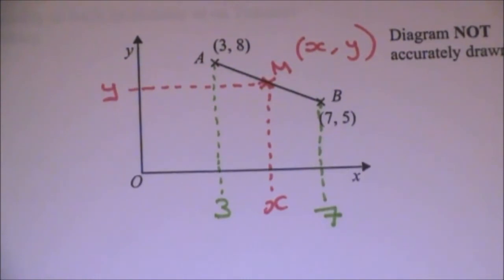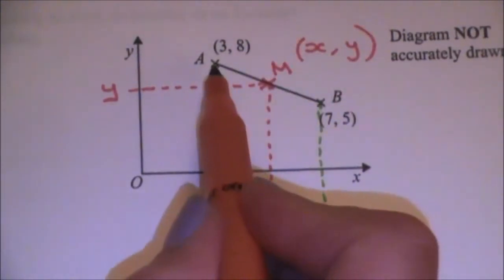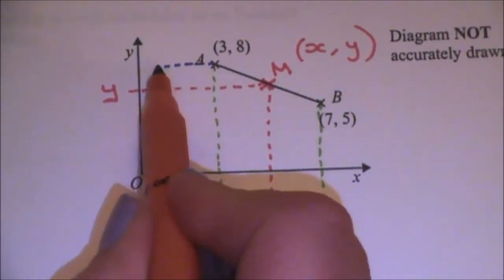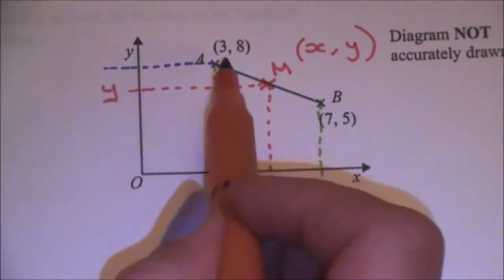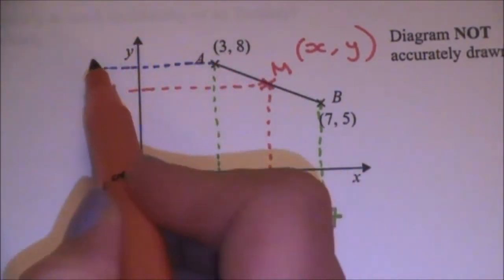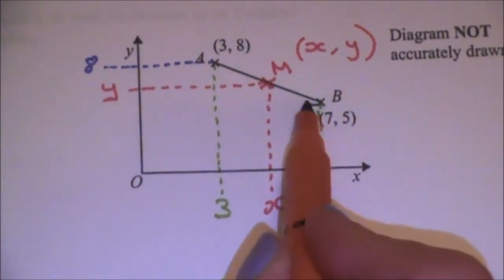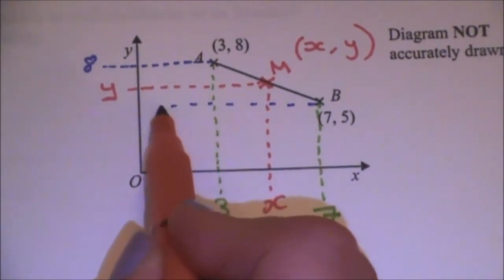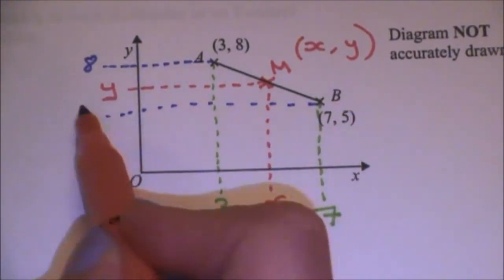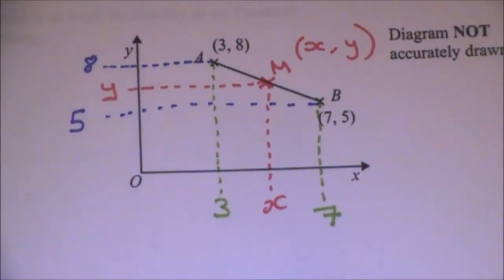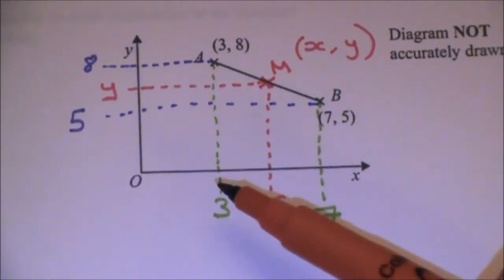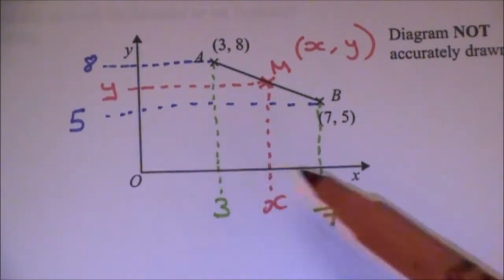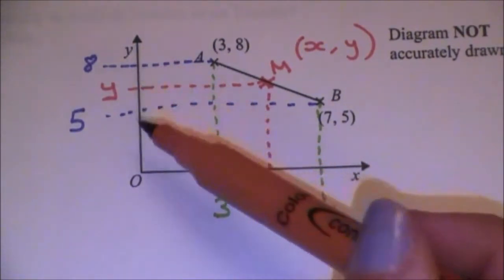Now, if I look at the y values I've already got, I can see that point A crosses the y-axis at 8. And I can see that point B crosses the y-axis at 5.